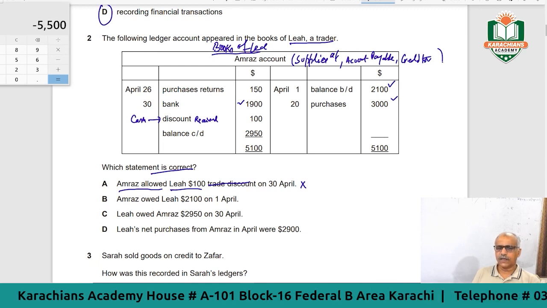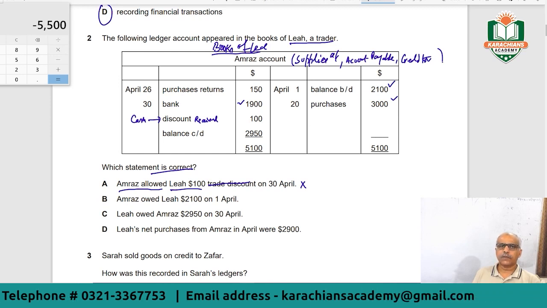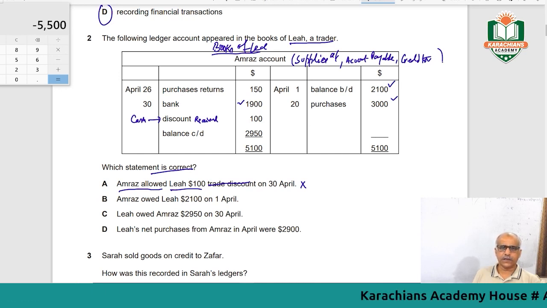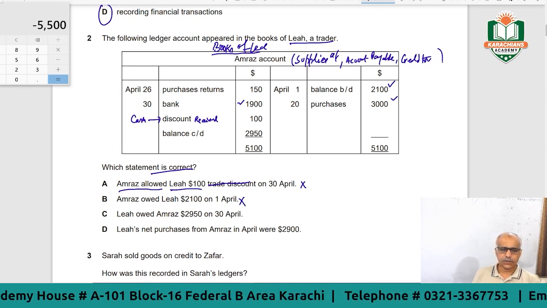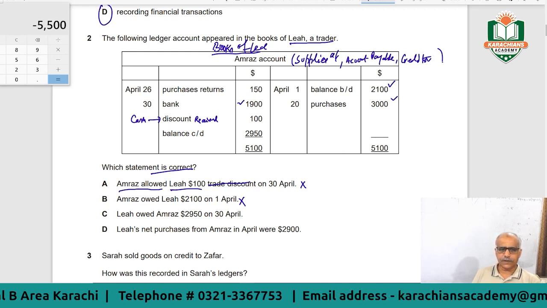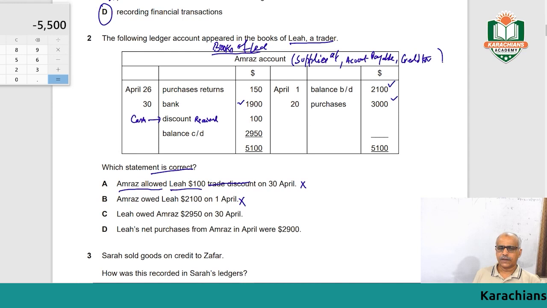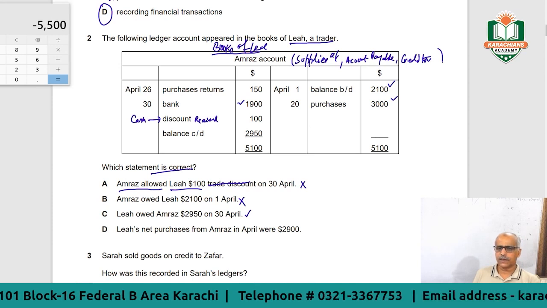Amre owed Lee 2100? No, Amre is a supplier. He does not owe, but rather he has to receive money. So this is also not applicable, right? Lee owes Amre 295 on 30th of April? That is something correct. Lee's net purchases from Amres in April was 2900.